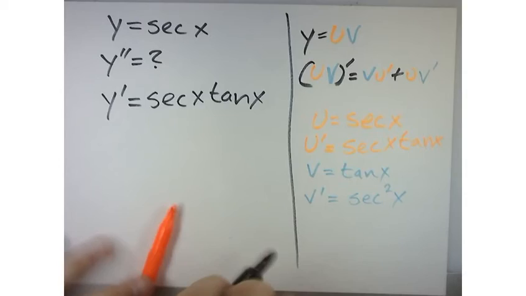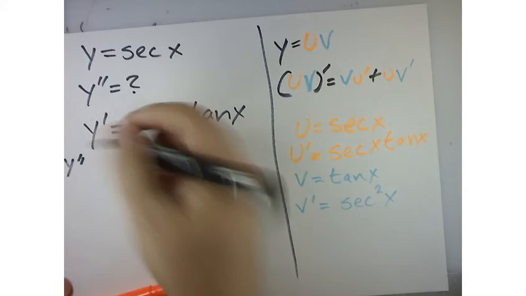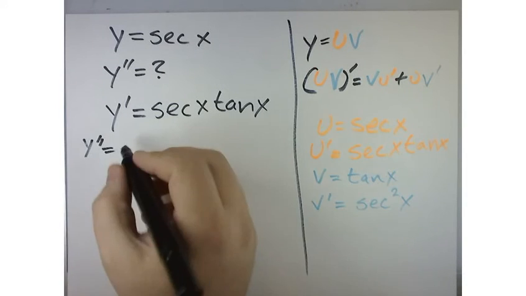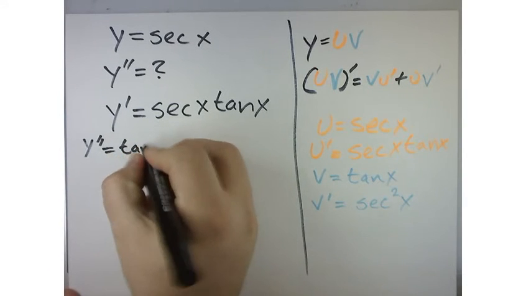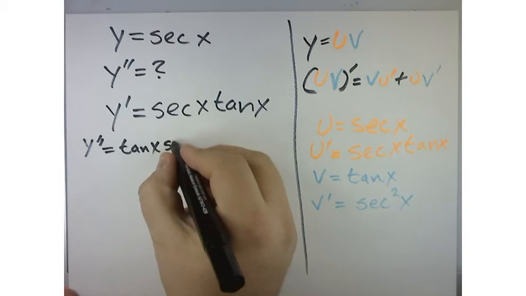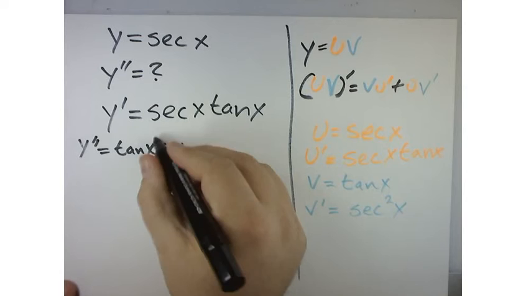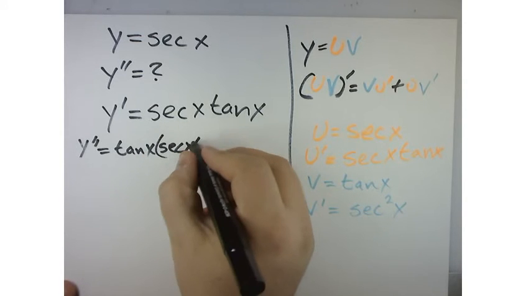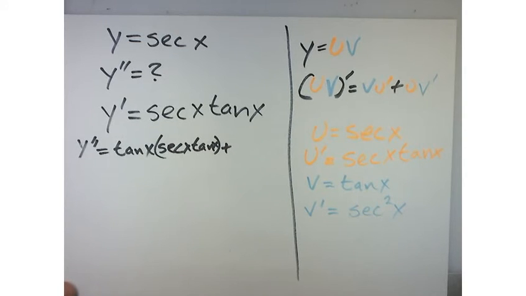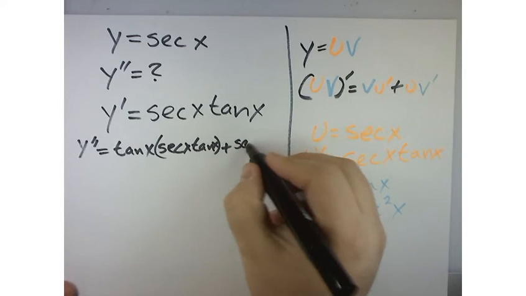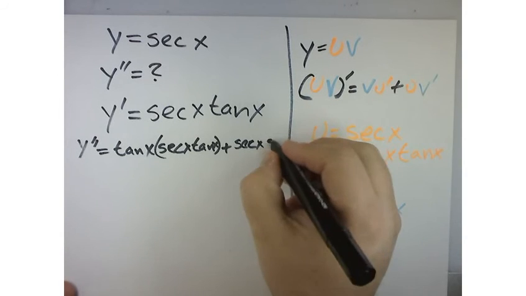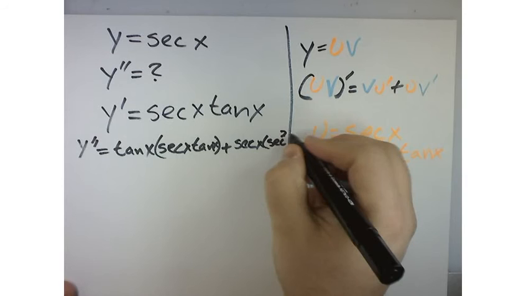So y double prime would be equal to v, which is tangent of x, times u prime, which is secant of x tangent of x, plus u, which is secant of x, times v prime, which is secant squared of x.